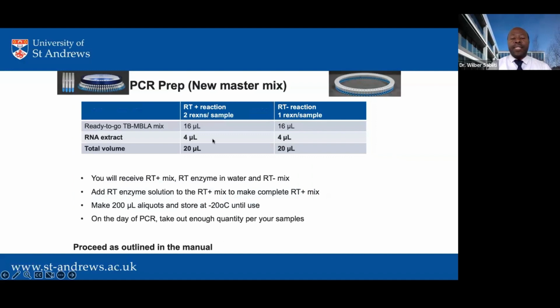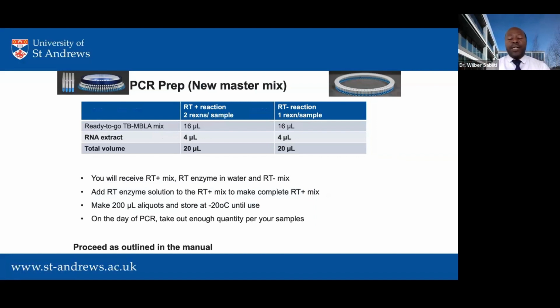The master mix, we have now made it easy. This is a new update because the last time we published with JoVE, we were using a manual master mix whereby the user would have to make up the master mix themselves and then run the PCR. So we have now developed a ready-to-go master mix, with everything in it.